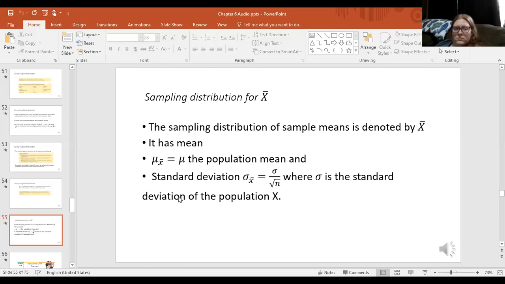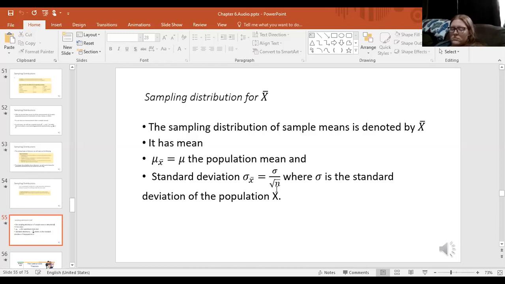The mean of the sample mean is the same as the mean of X. The problem is with the standard deviation. This is the standard deviation for the sample mean: sigma, the standard deviation of X, divided by square root of n, where n is the sample size.